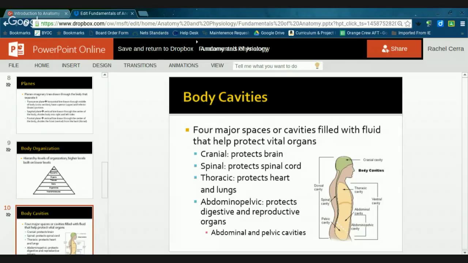So with your body cavities, these are big spaces that contain organs, and their main job is to help protect your organs from being damaged by anything.